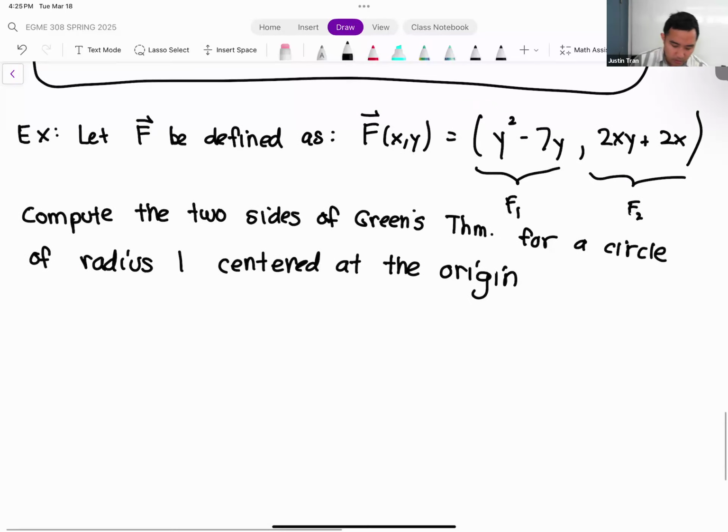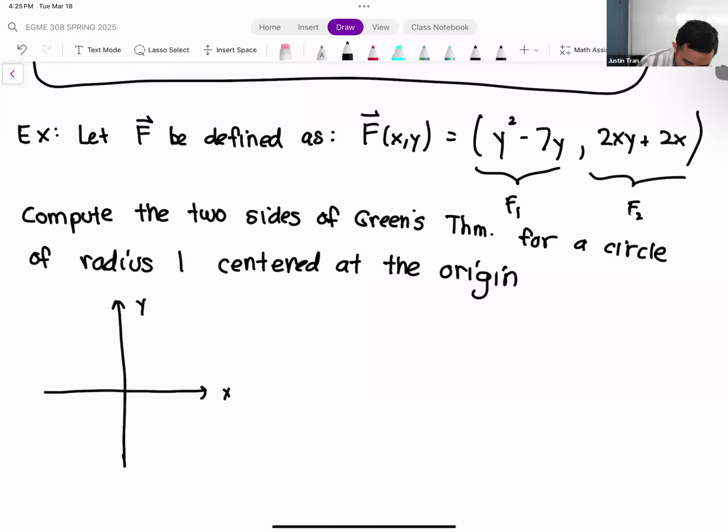And so our integration region looks like the following. If x, y, we have a circle, and its radius is equal to 1.